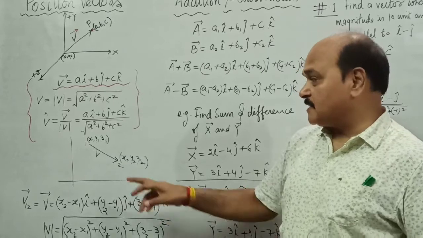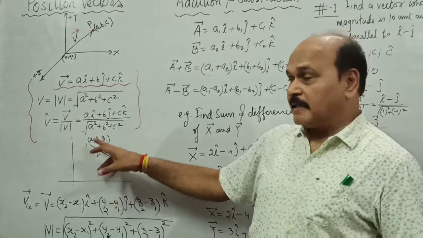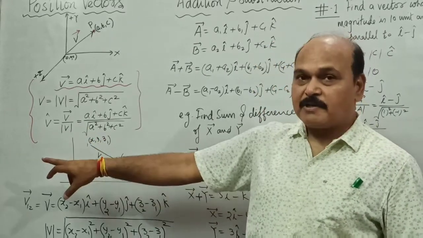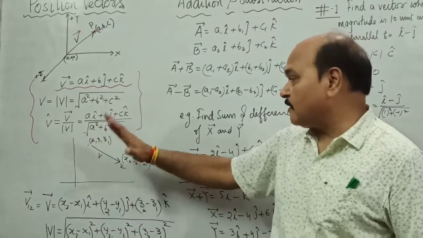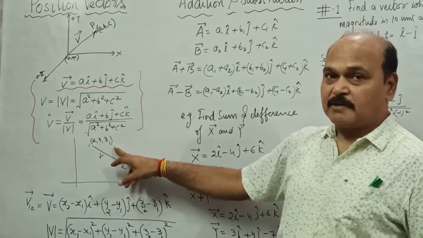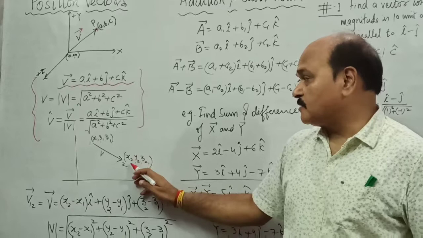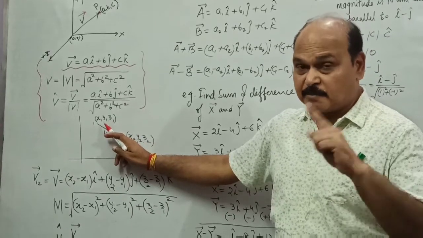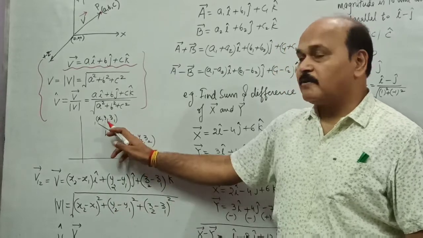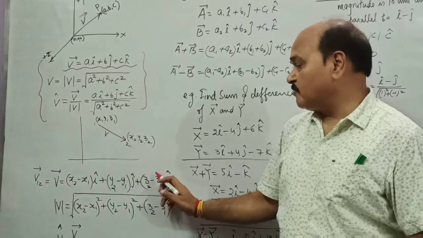The length of the intercept along the x axis is x2 minus x1. Along the y axis it is y2 minus y1. And along the z axis it is z2 minus z1. Therefore, this vector is written as x2 minus x1 into i cap, y2 minus y1 into j cap, z2 minus z1 into k cap.